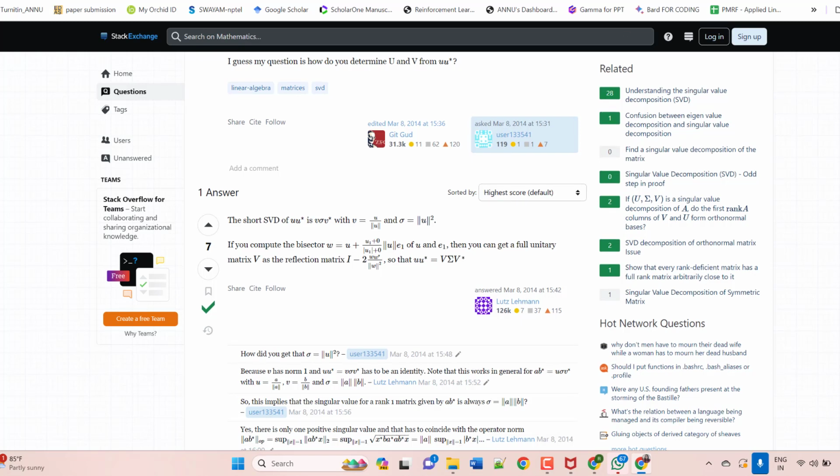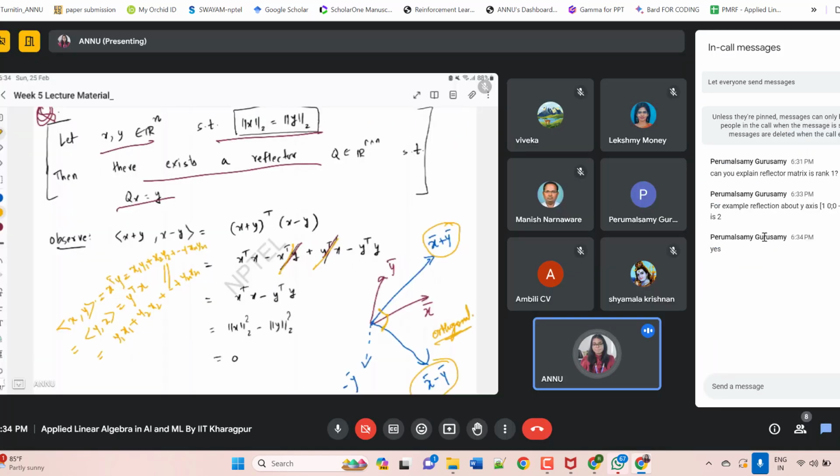The basic thing we can see is this U U transpose thing is rank 1. Let's keep this on hold; I'll explain how that thing is rank 1, and we will see it with an example also.